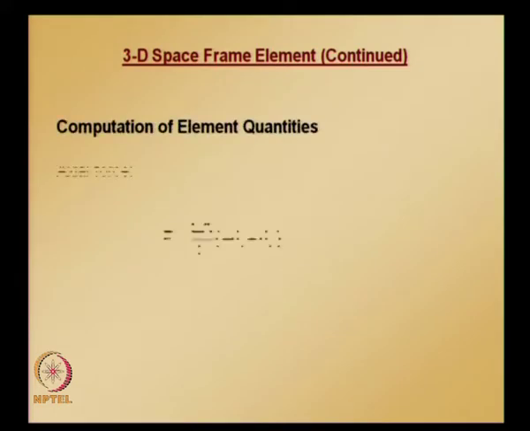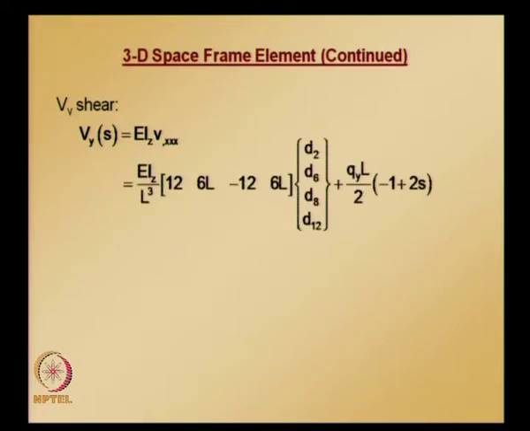In that case we can calculate, once we get the local displacements or displacements in the local coordinate system for that particular element, we can calculate axial force using this formula, and shear Vy, capital V is used to denote shear as a function of s.